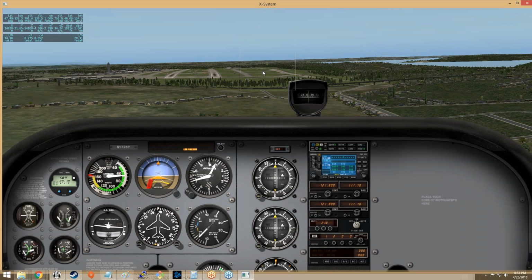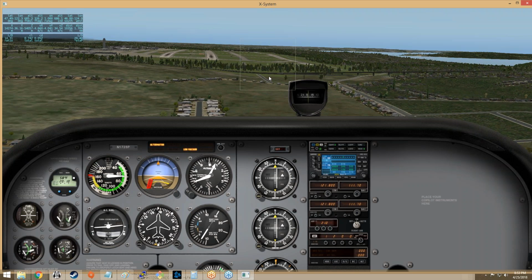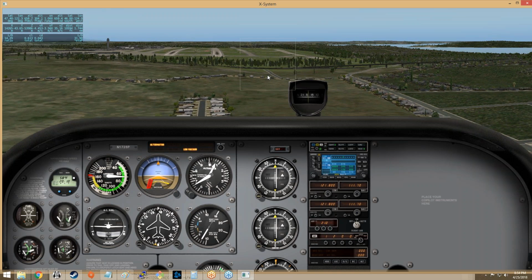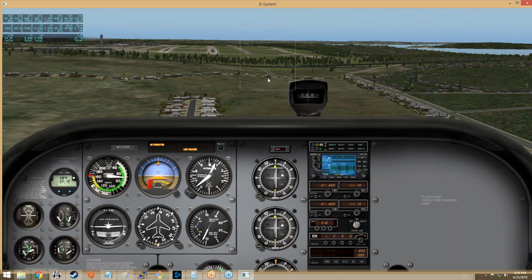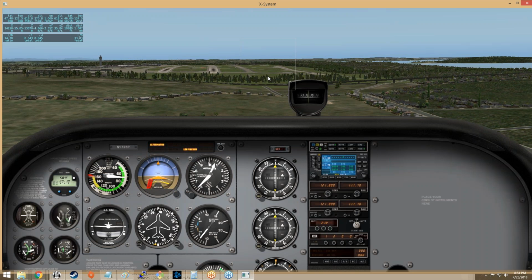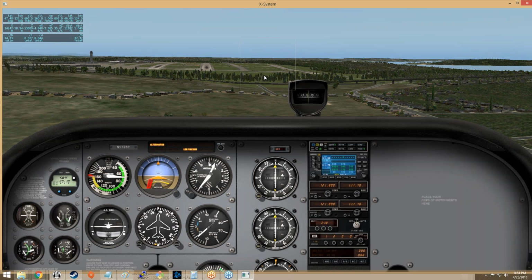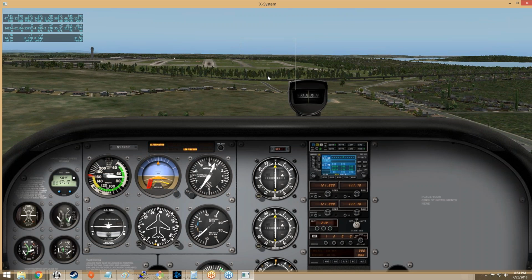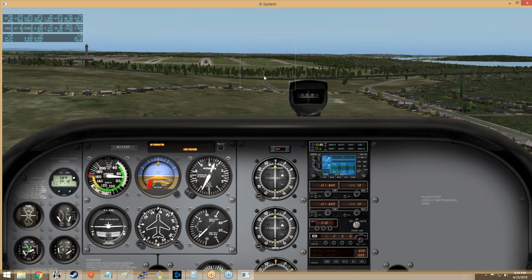Unfortunately, we don't know if we're level anymore because of the low vacuum. All right, so, well, we're doing the best we can.